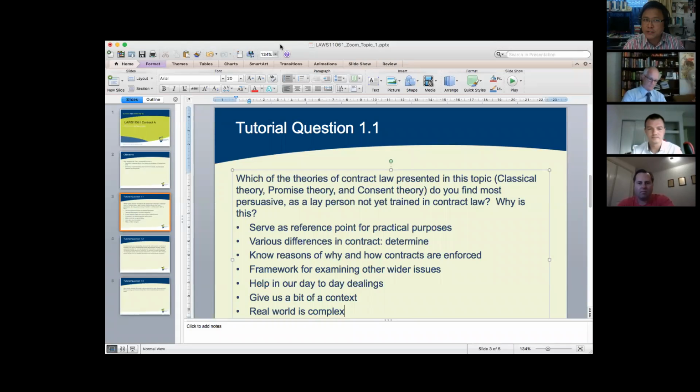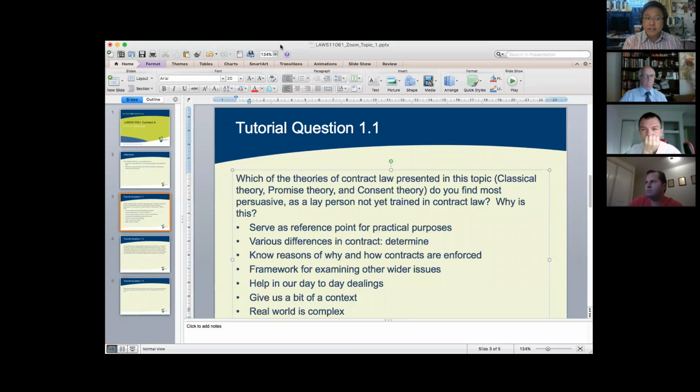Okay, would there be any questions about that so far before we proceed with the first tutorial question? None? So a theory is always a way to represent reality, which is complex, as something simpler, so that we capture the essence of reality by looking at some of the core principles.